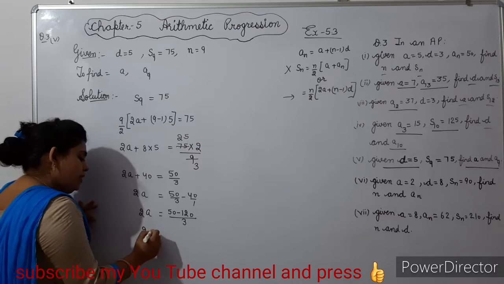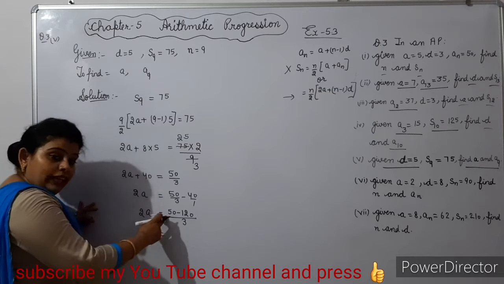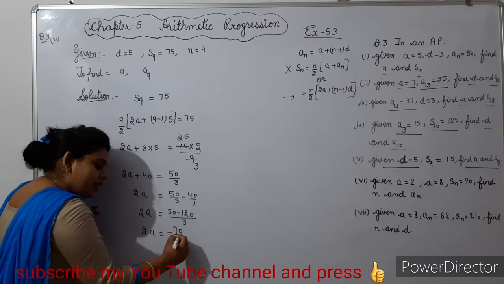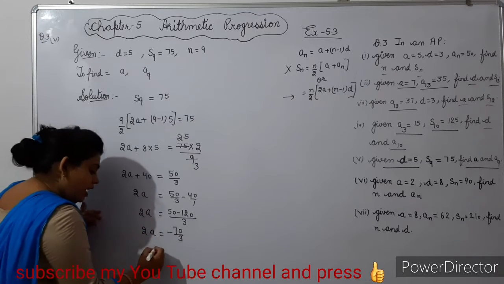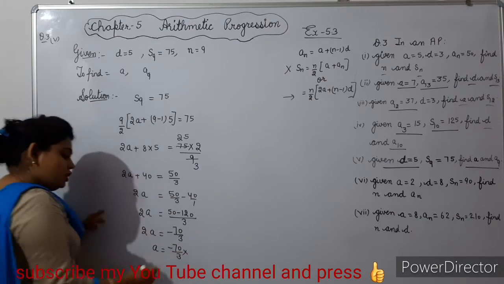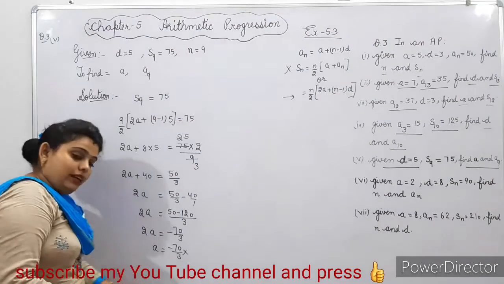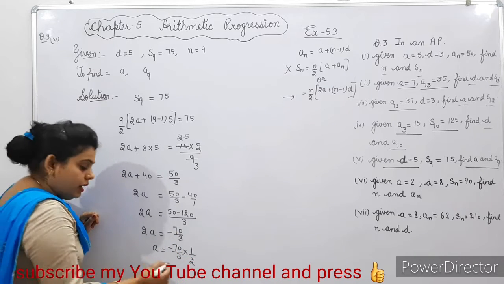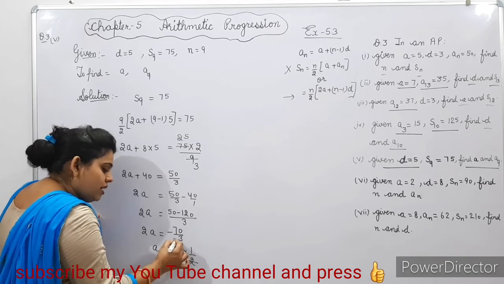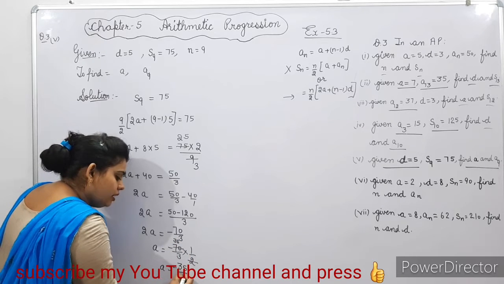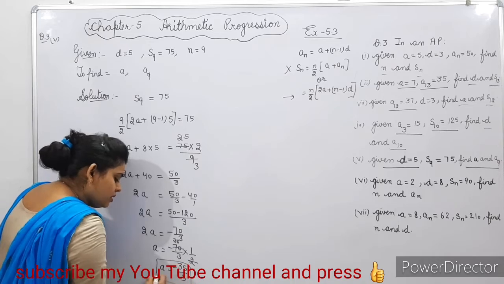Now 2A will equal to 50 minus 120, minus 70 divided by 3. This 2 is in multiplication. When we bring it here, it will become 1 by 2. So from here 2 35s are 70. A is equal to minus 35 by 3. This is our first answer.